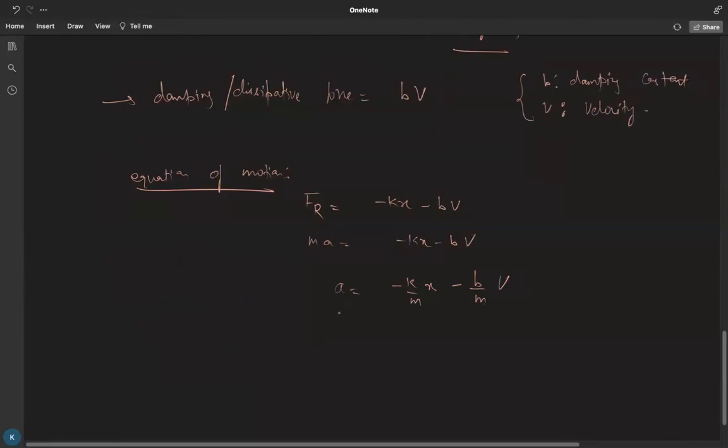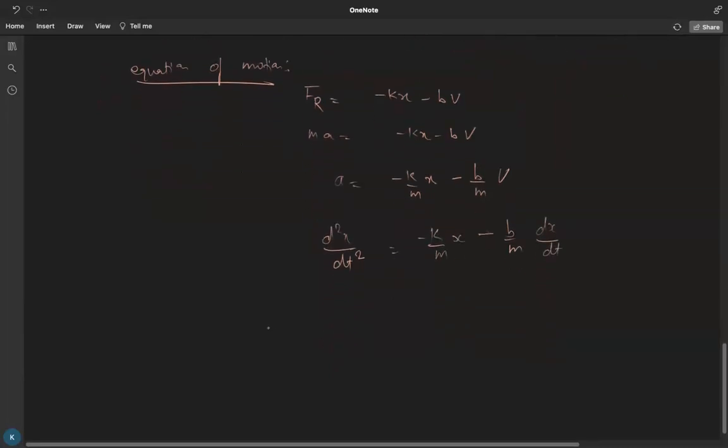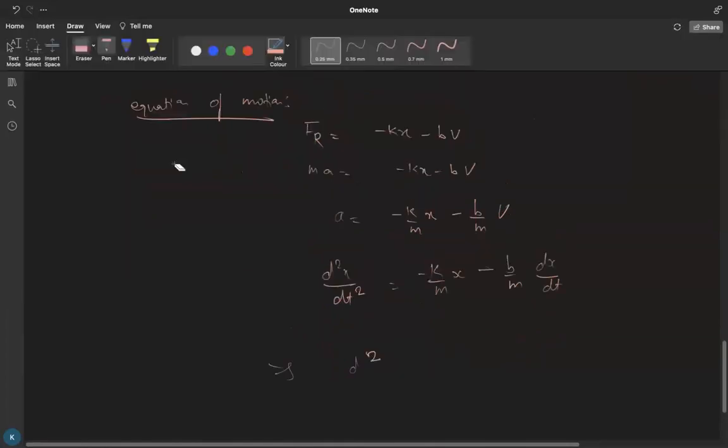And we can also write a as d square x by dt square is equal to minus k by m into x minus b by m into velocity, which is dx by dt. Let me write it in a clear way here.